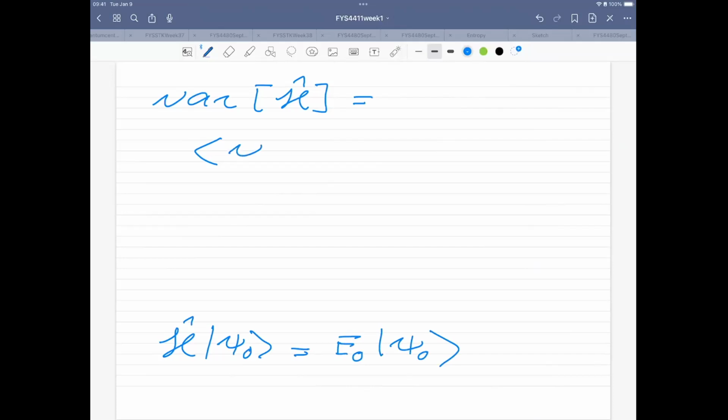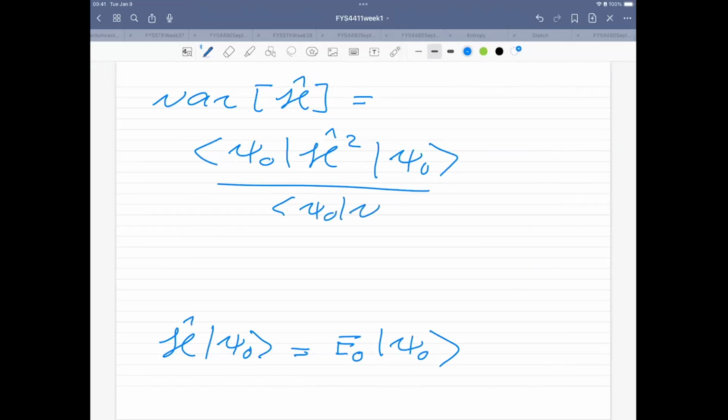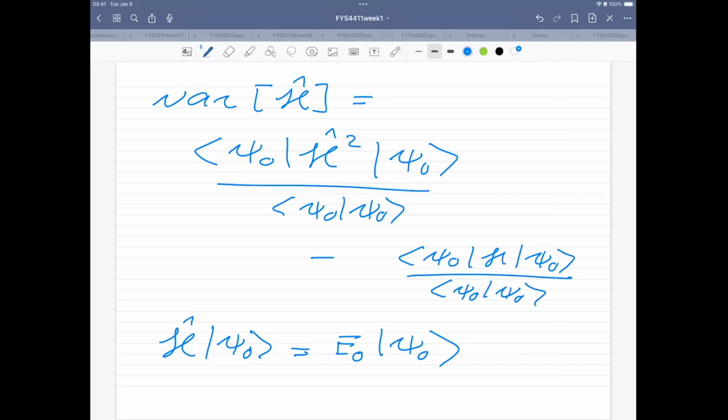And formally, the definition of that one, using the definition of the variance, is the Hamiltonian squared divided by psi_0, and we're assuming that this is normalized, so the denominators are equal to 1, minus the expectation value of the Hamiltonian squared. This is the formal definition of the variance.